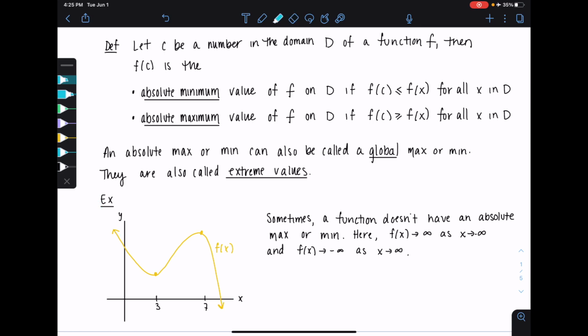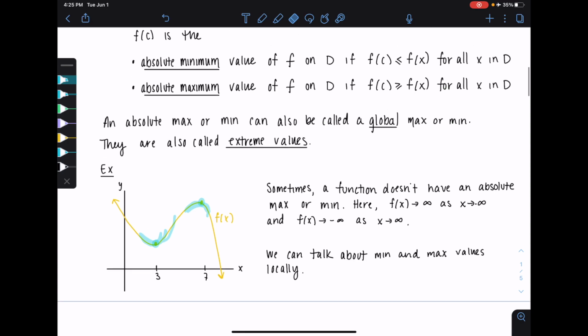But if I take a look at these 2 points that I have labeled, when x equals 3 and x equals 7, nearby, that is the smallest y value in that region. And this is the biggest y value around it. So sometimes we can't find extreme or absolute max and mins, but we can talk about them locally.